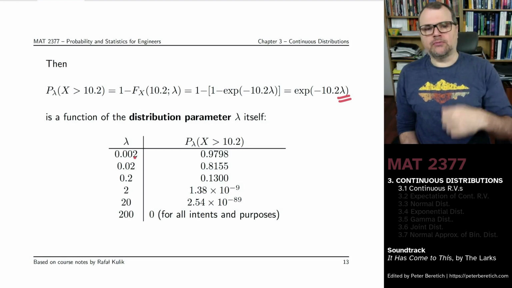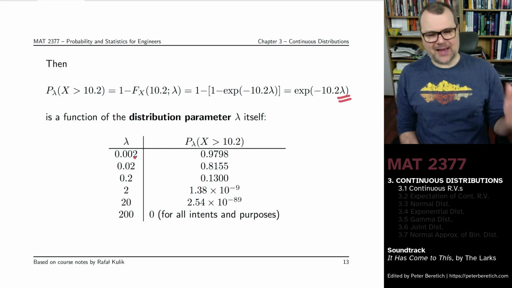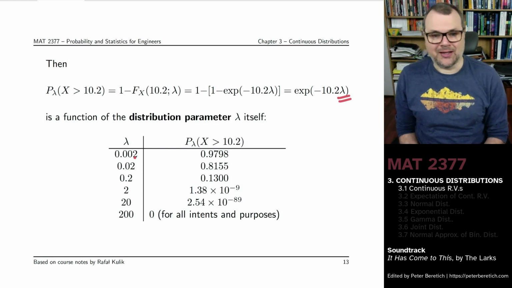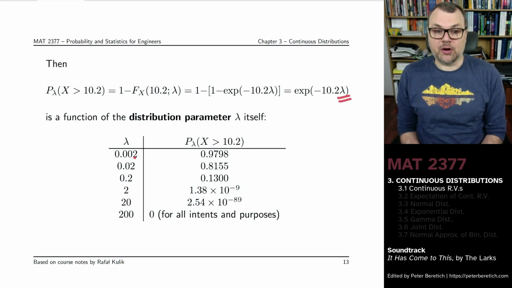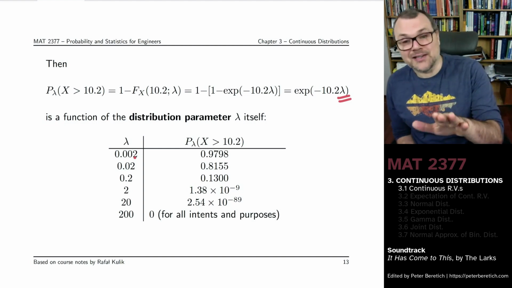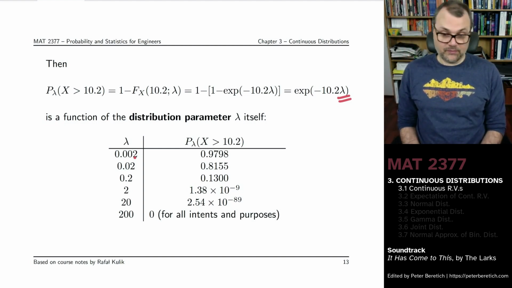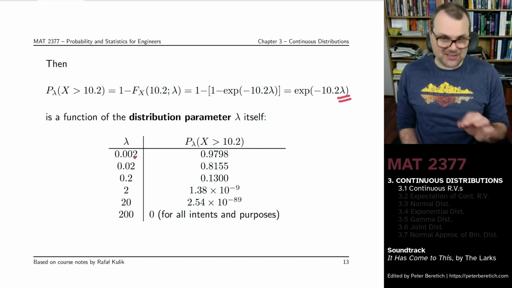The 0.2 value of lambda gives you a probability of 13%, and as lambda becomes larger and larger, that probability becomes smaller and smaller. If lambda is equal to 200, well, if you punch it in the calculator, you'll get 0. That's not exactly 0. It just means that we've run out of space to display the size of the quantity. It's minuscule, but it's not actually 0.